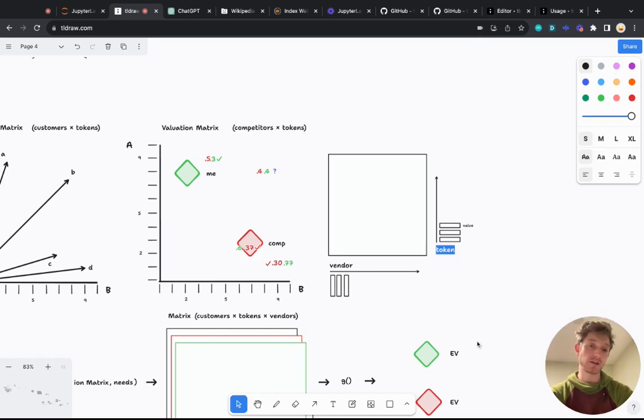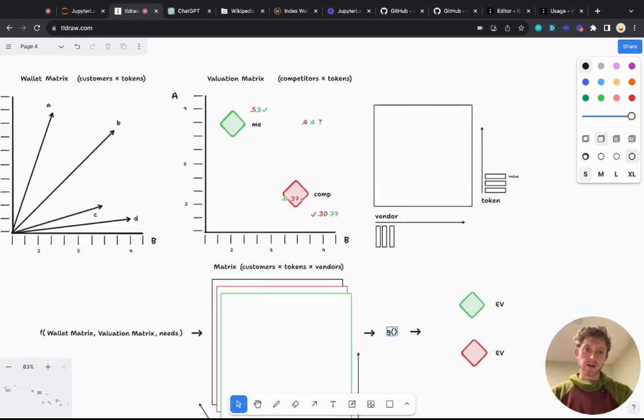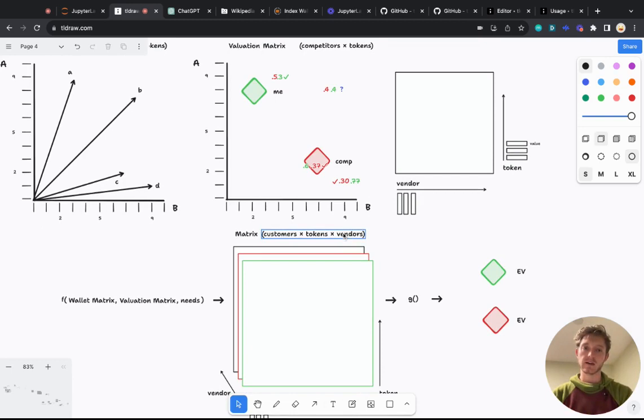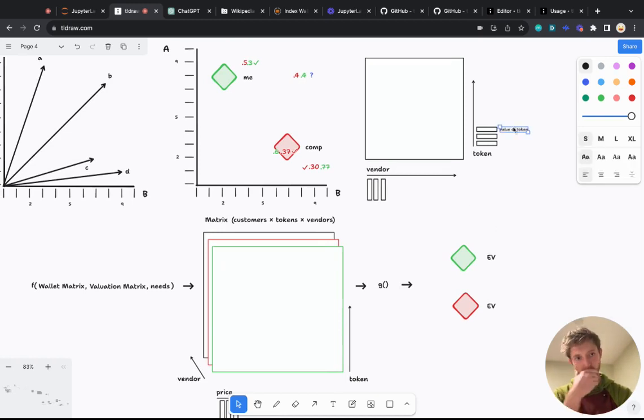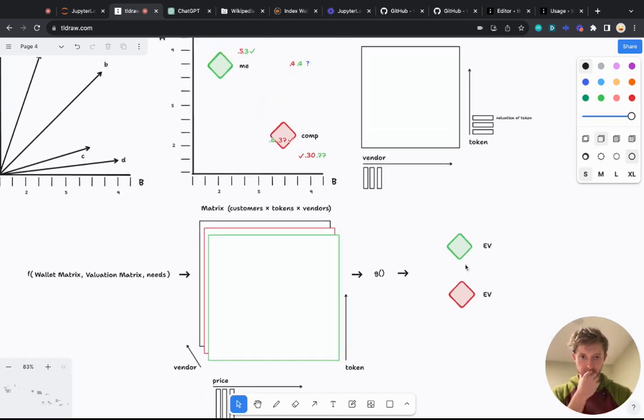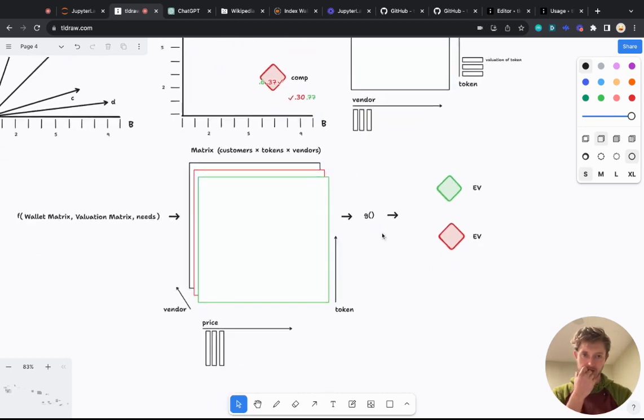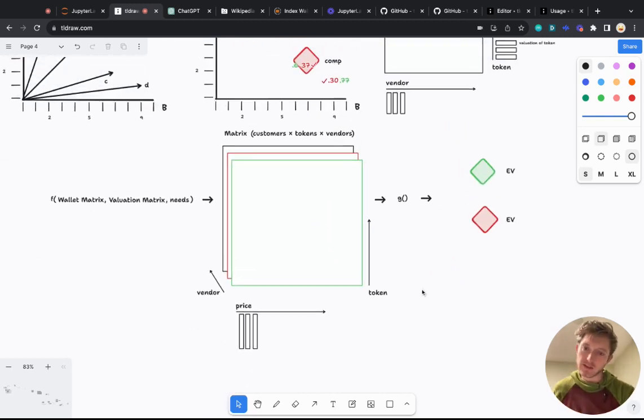Actually, you could call this a... yeah, that's fine. So that can be a matrix. Okay, so that can be a matrix. That's great. What do we do with this?